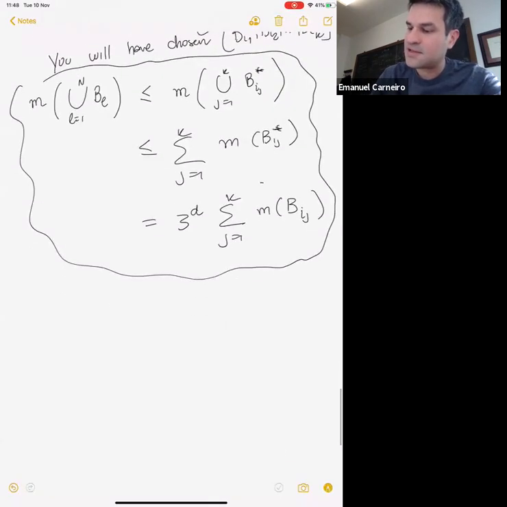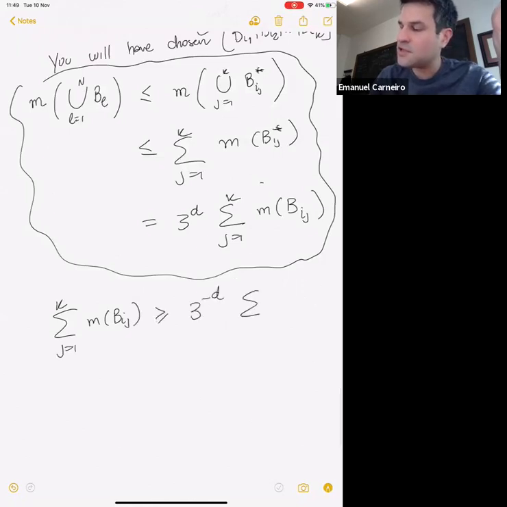This implies that the sum of the measures of these BIJs that you selected is bigger or equal than 3 to the minus D times the measure of the union. So you see, the constant is very small. We proved this result with the constant 3 to the minus the dimension, which is very small, but we don't care. We just care that this is a universal number.